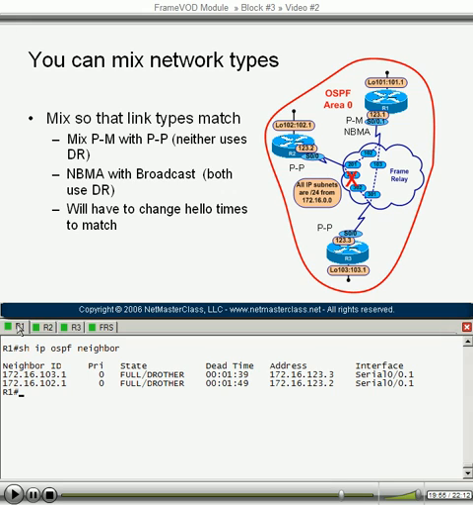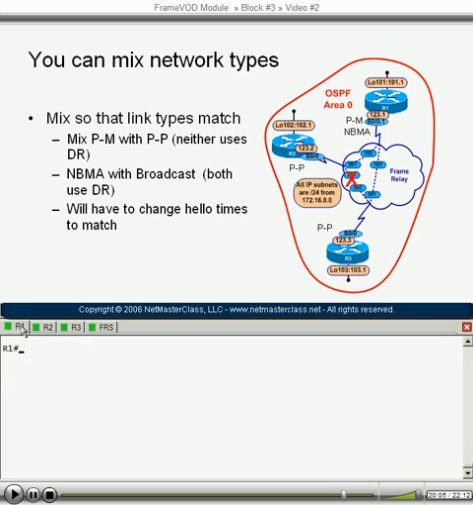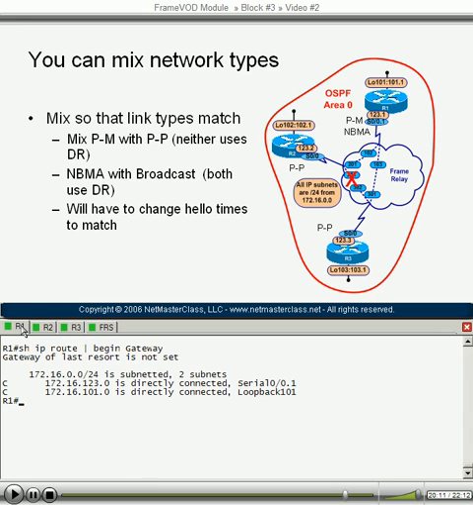After a few minutes, we eventually see that R1 has two good adjacencies. We're about to see, however, that good adjacencies are not enough. Let's check our routing table. Notice that R1 has only the connected routes. We would find the same is true on R2 and R3.